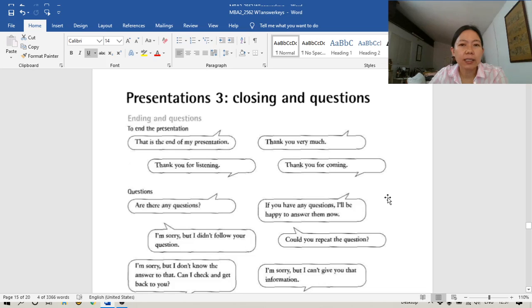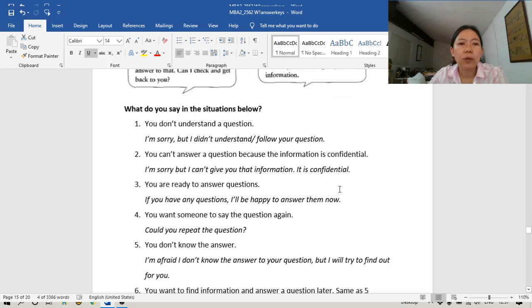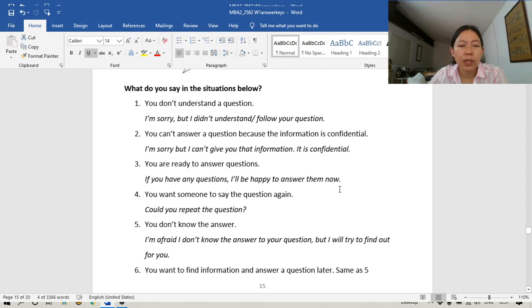Next part is closings and questions. So these are example sentences that you can use to end your presentation and handle questions. So now we're going to do the exercise together. Imagine yourself in the following situations and what you would say in each situation. First, when someone asks you a question but you don't understand the question.